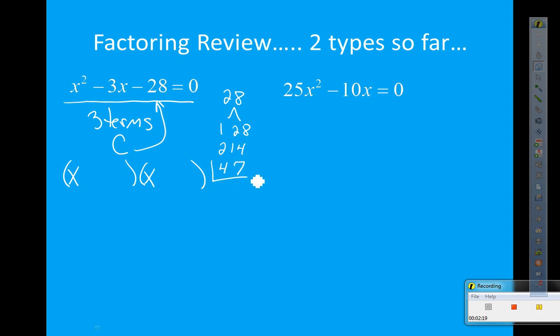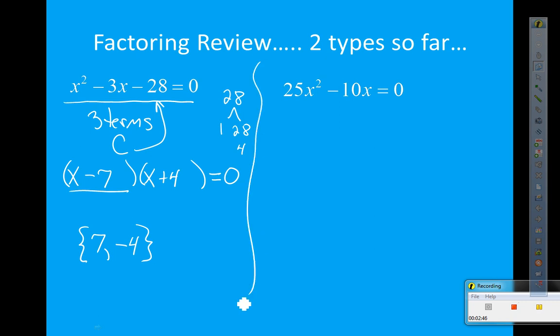Well, here's the ones I can make add up to be -3 by going -7 and +4. And remember, we set these each equal to 0. And then we got to where we just did this in our head, so in the cool parentheses called the braces, one answer is 7, the other answer is -4. That was that very first type of factoring that I did with you last time.